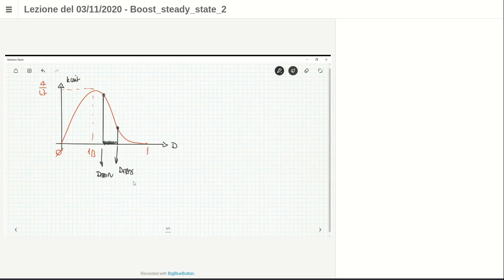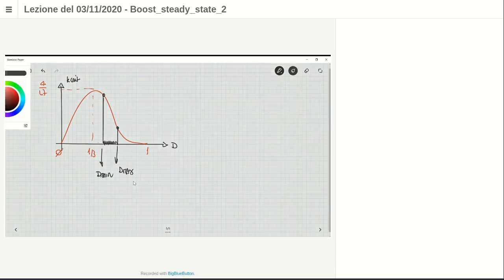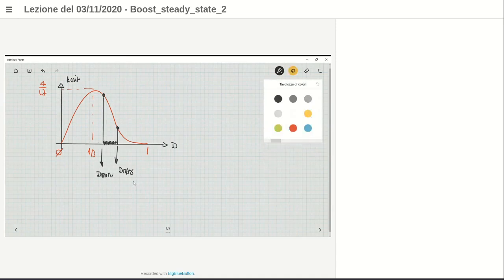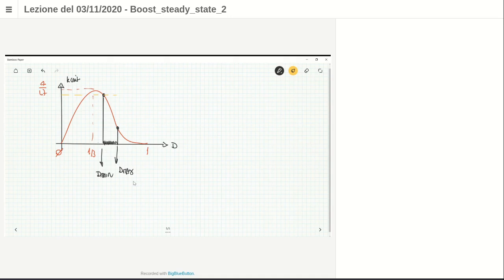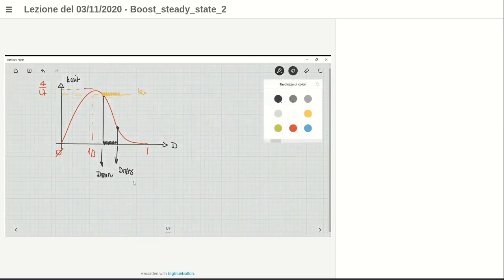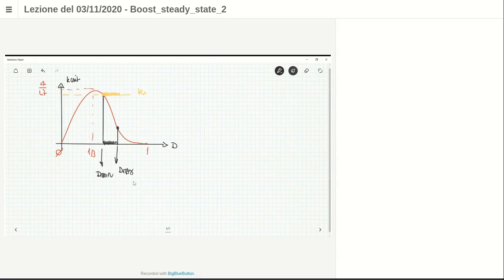So in order to be sure that I can operate a boost always in CCM, for example, I can accept as K value a value which is, let's say, this one. If I have K which is larger than this intersection point here, I'm pretty sure that my boost operates in CCM for all the duty cycle interval. In that situation, I have a specific inductance.